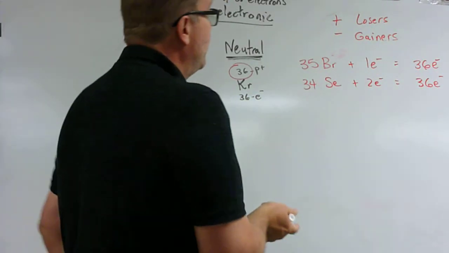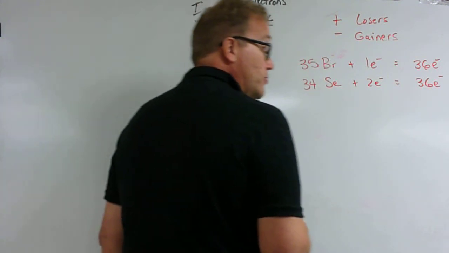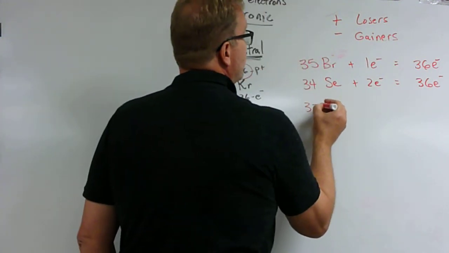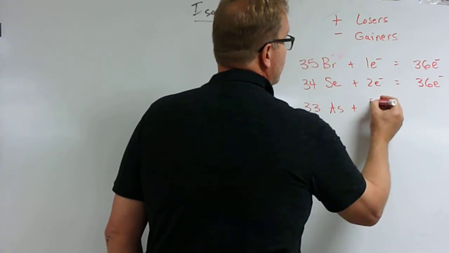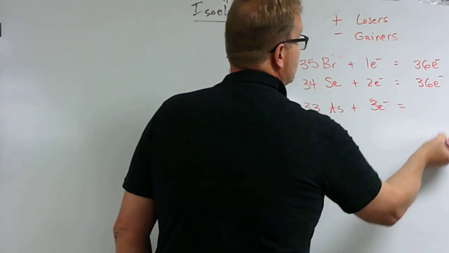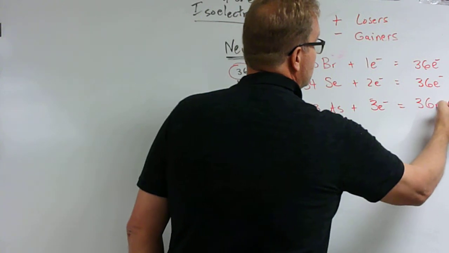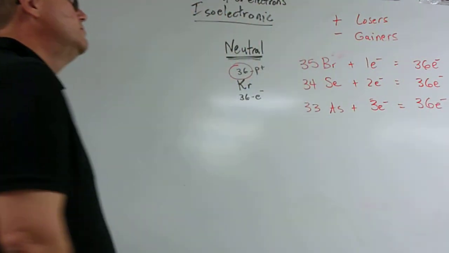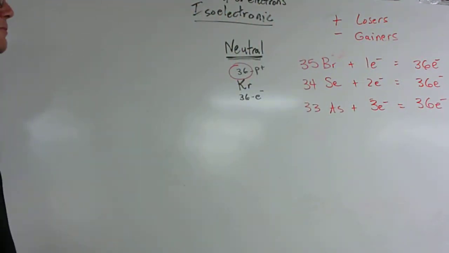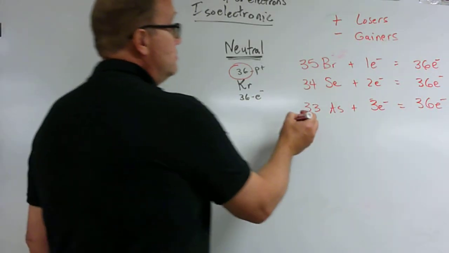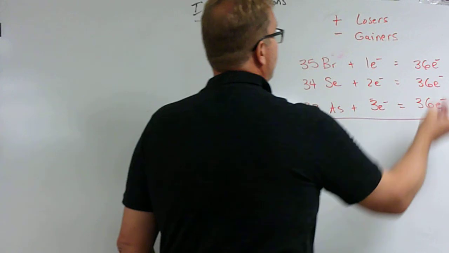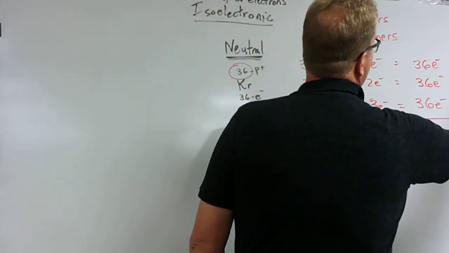That just shows that nonmetals gain electrons. Let's go to 33, arsenic. How do I get to 36? I went from 33 to 36 by adding 3 electrons. Again, these guys are gainers. They're becoming negatively charged.